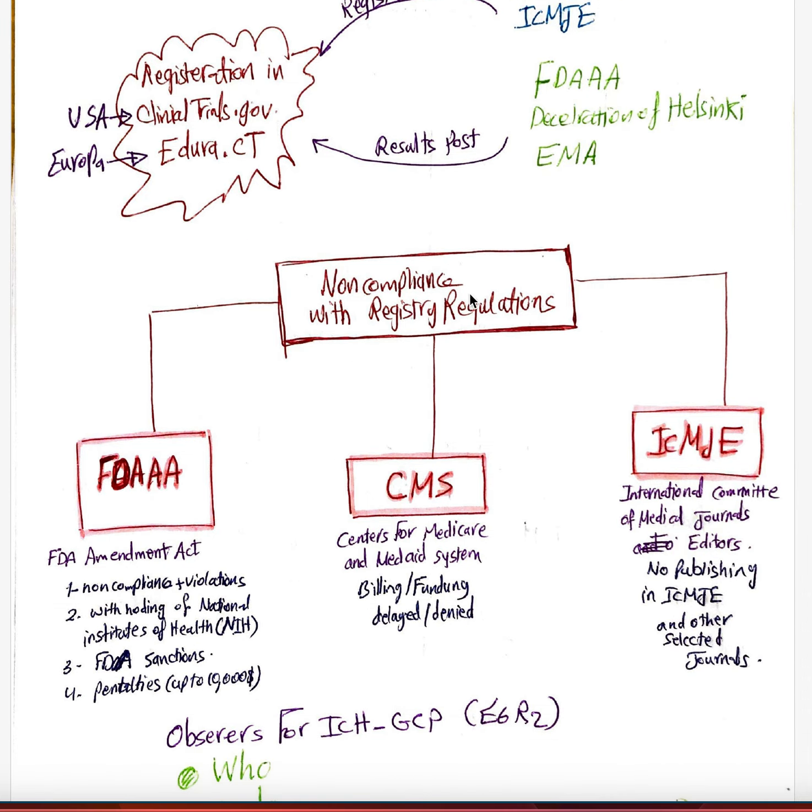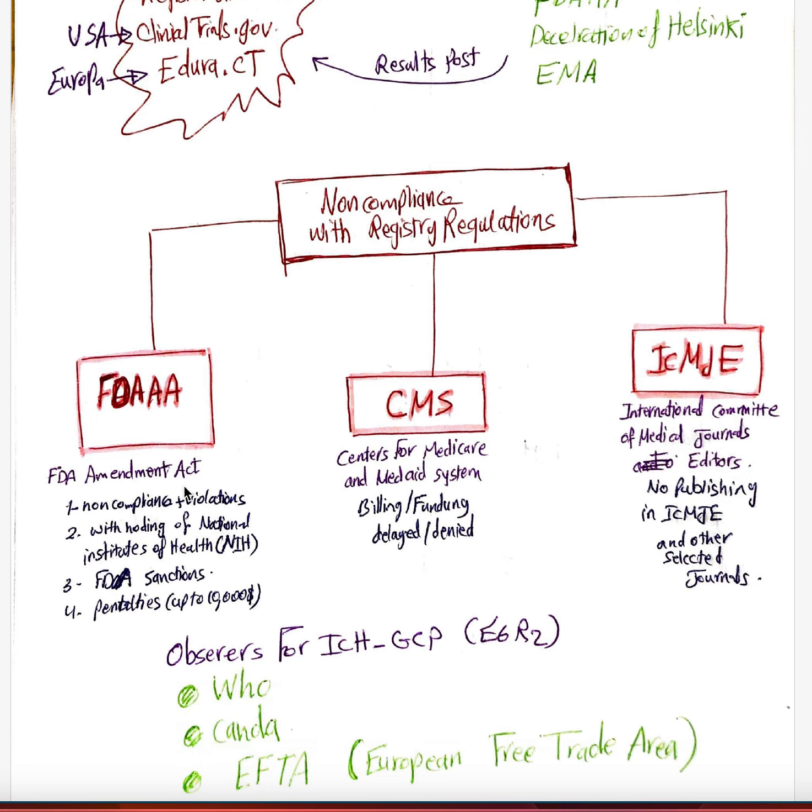If there is non-compliance with the registration regulation, then what happens? They send a message to FDAAA, CMS, ICMJE. We'll start with the FDA. So we know what the FDA is. It's actually the Food and Drug Administration, and AA means Amendment Act.